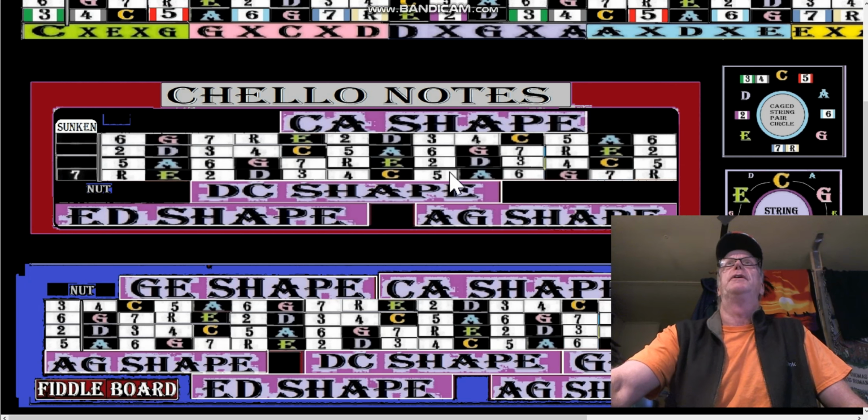If you look over here at 5, 6, 7 root, 2, 3, 4, 5, the fiddle starts on the fifth there, which in the key of C would be G, so it would be G, D. This is the A string shape, it'd be G, D, A, and E, whereas the cello, as far as I found, it goes E, A, D, G. Okay?